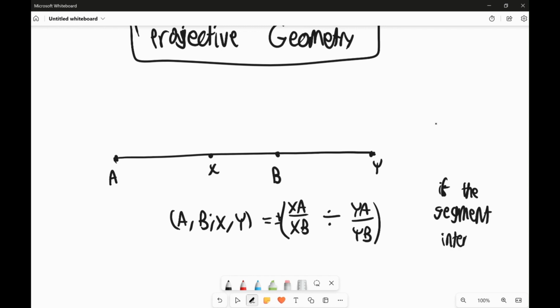Actually, it's minus when the segments intersect, and then plus otherwise. So in this case, the cross ratio (A, B; X, Y) is negative. Oh yeah, this is called a cross ratio, by the way.